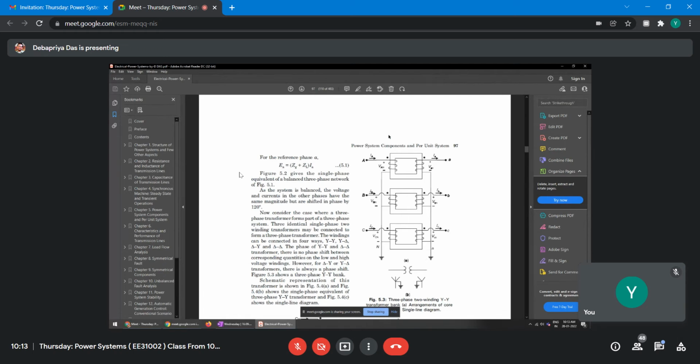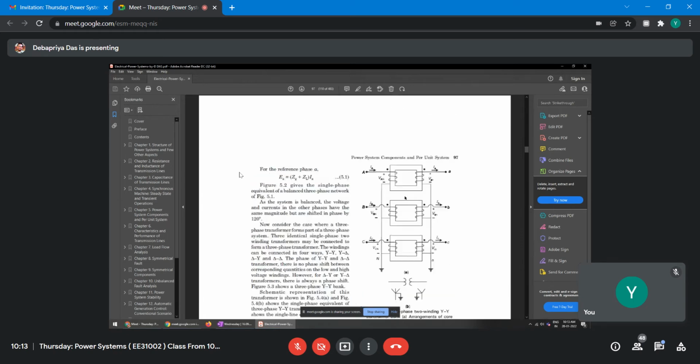So here also some three single phase transformers are shown, and accordingly it is connected. This one is connected star star, star grounded. This is the primary side, this is the secondary side, this is primary, this is secondary, this is primary, and this is secondary, right? If you look from the primary side, this one A to N, this one and this one, all three are connected together making a neutral, right?